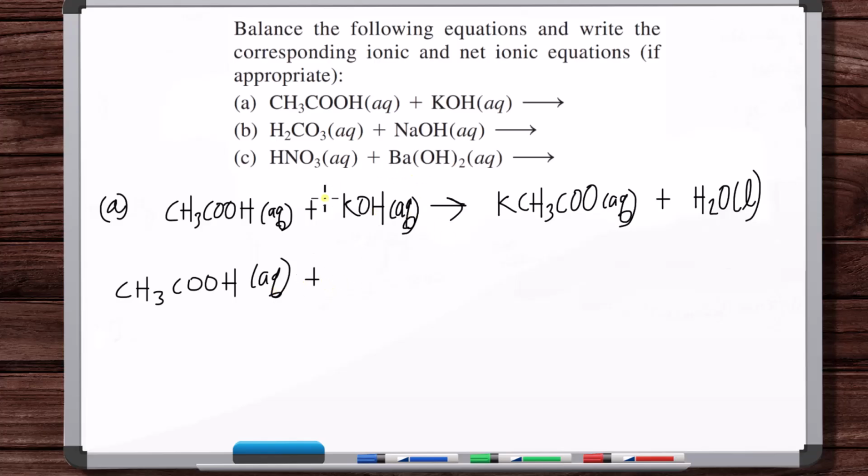Now, this is a strong base, so we break it up. And this is a soluble ionic compound, right? So we break it up. It's a strong electrolyte.